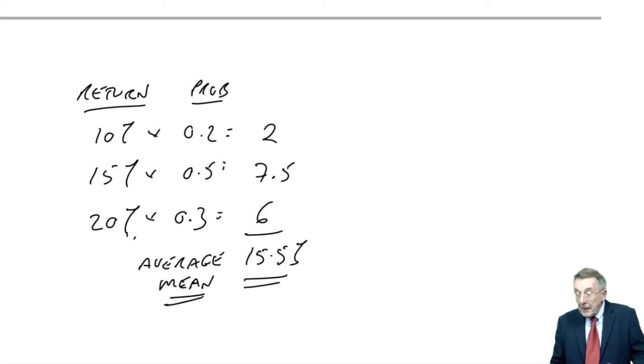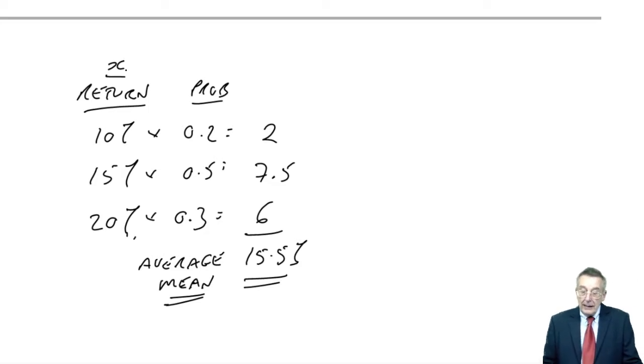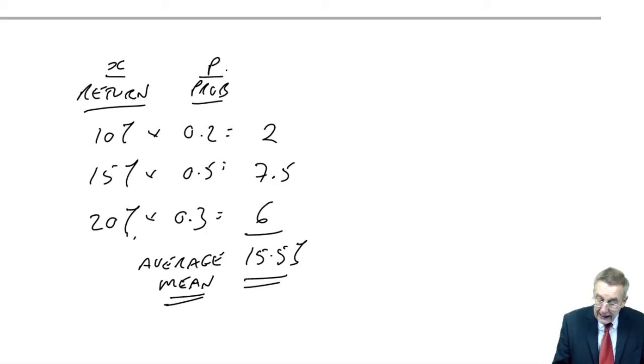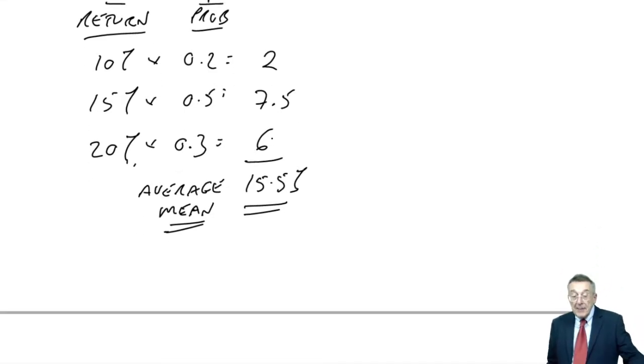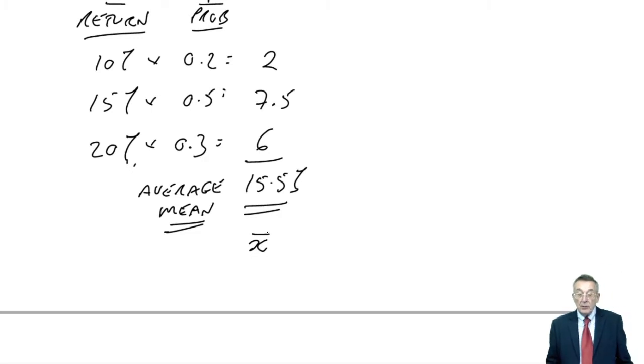Now that should be automatic, absolutely no problem, because I'm going to explain, if you like, the formula for standard deviation. I'll give these symbols. I'm going to call the return x, the probability p, and the standard symbol for the average or the mean is x bar, x with a bar on the top.